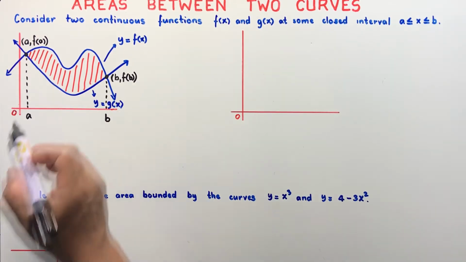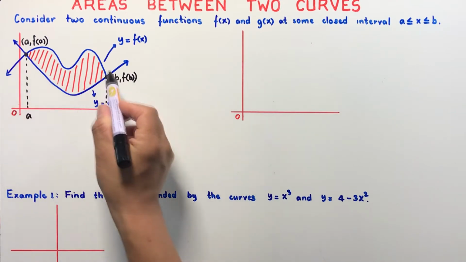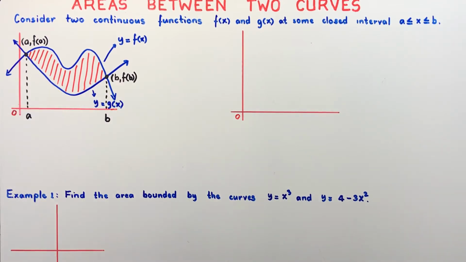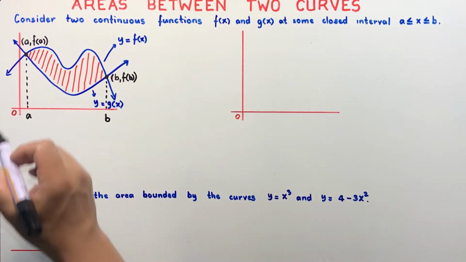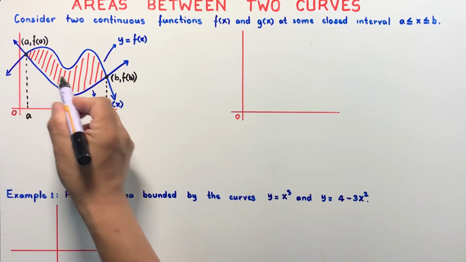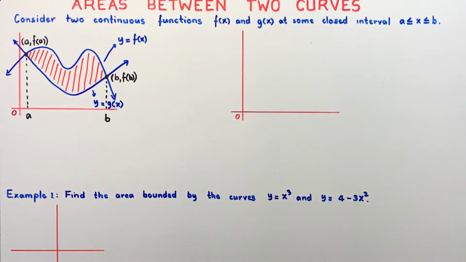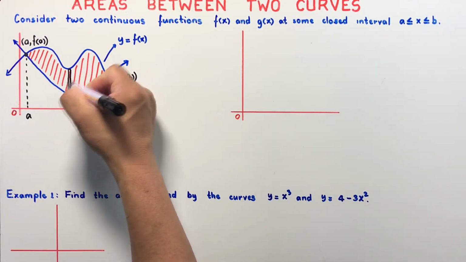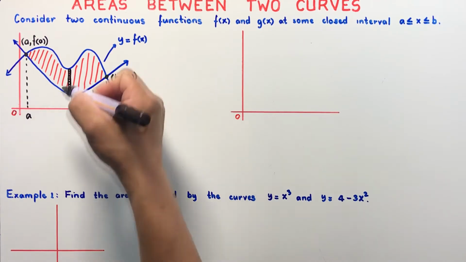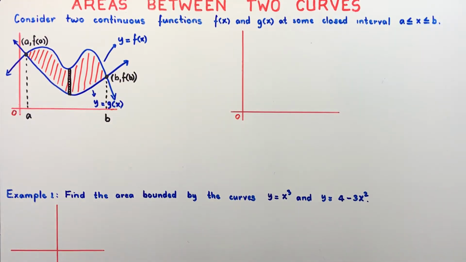And in order to find the area of this shaded region, we need to slice the whole area. So slicing the area from a to b vertically, we can pick one slice here. Suppose this is our one arbitrary slice.